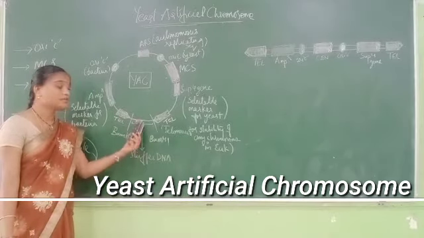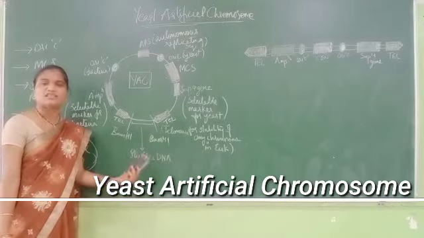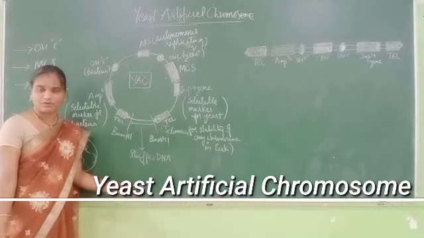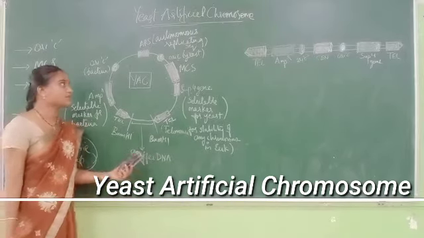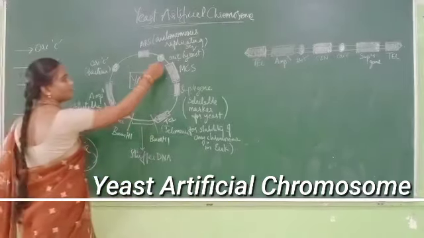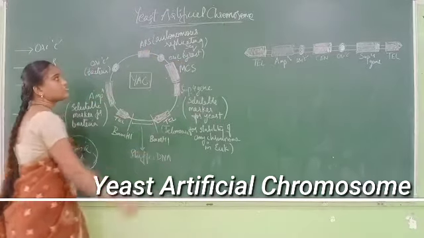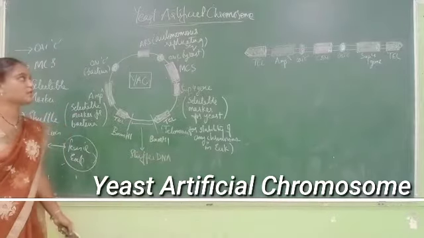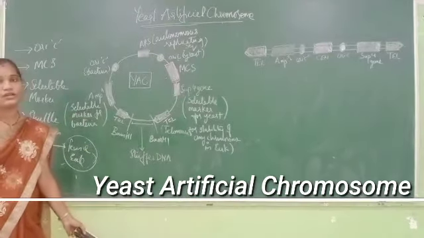As well, in between your telomeric sequence, stuffer DNA is also present. This stuffer DNA is not important, but it is present. As well, besides the ORI site of your yeast, ARS, which is nothing but the autonomous replicating sequence, is also present. Already we have learned about ARS in your shuttle vector.